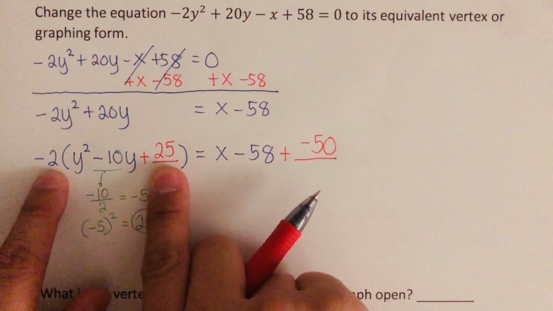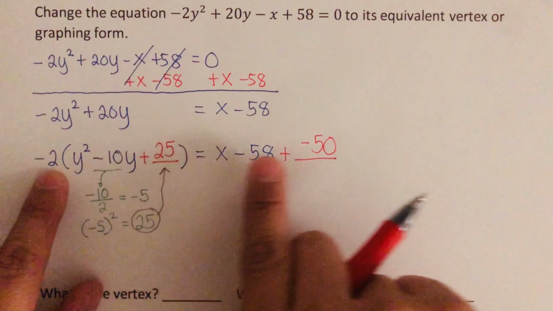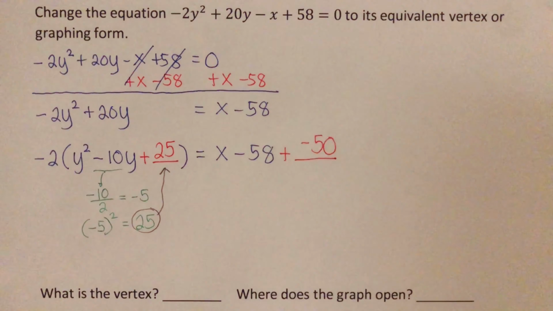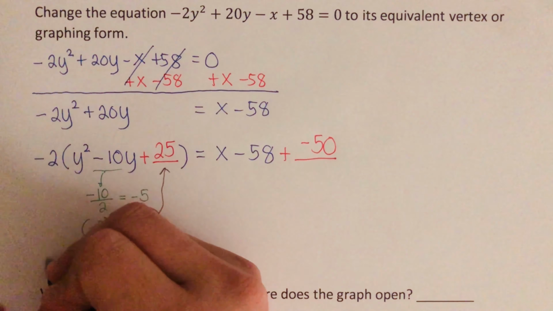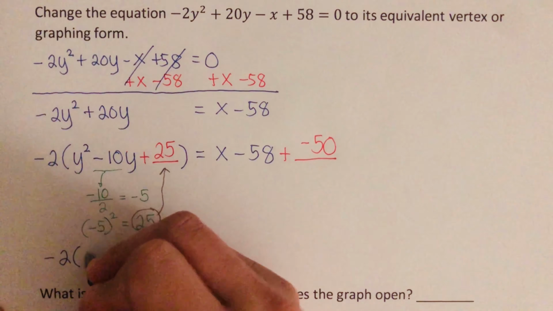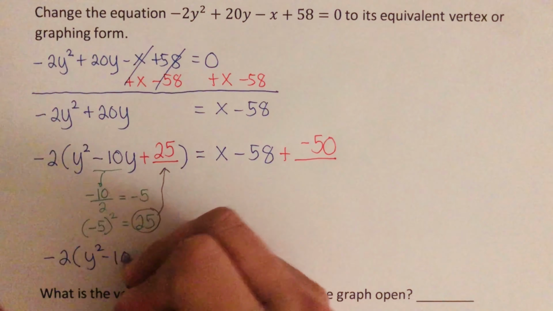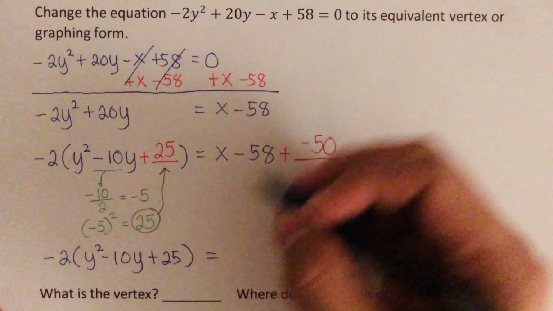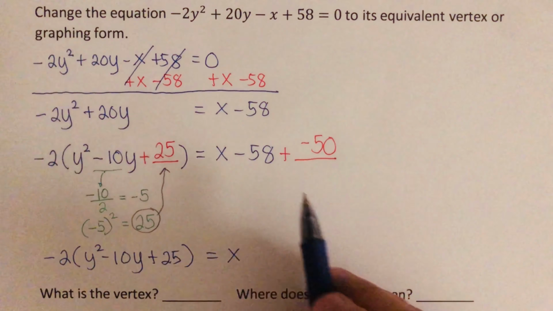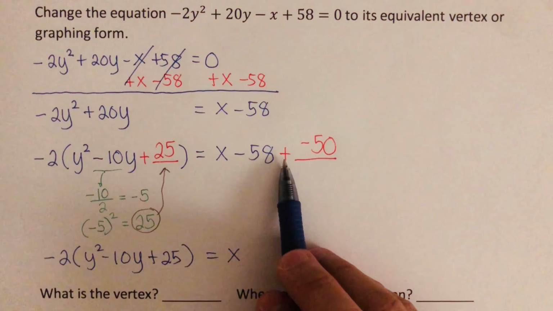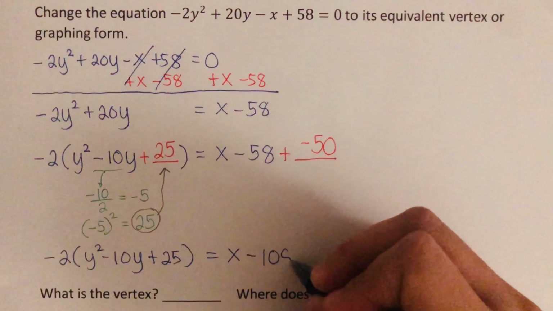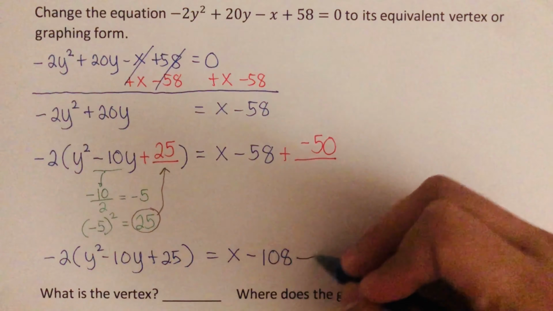So that was actually -50. So I'm going to add -50 to this side. So then we can go ahead and simplify this. So this would come out -2, and then we have y squared minus 10y plus 25, and that is equal to x. So if we simplify this, -58 plus -50 is -108. So then I'm going to continue to show the work up here.